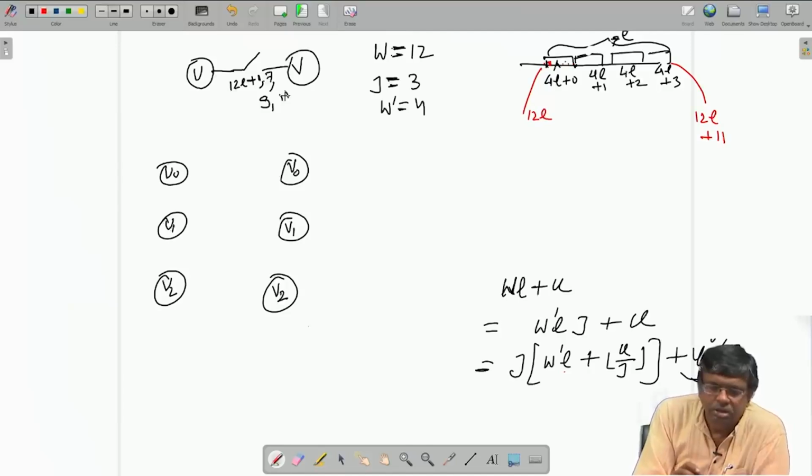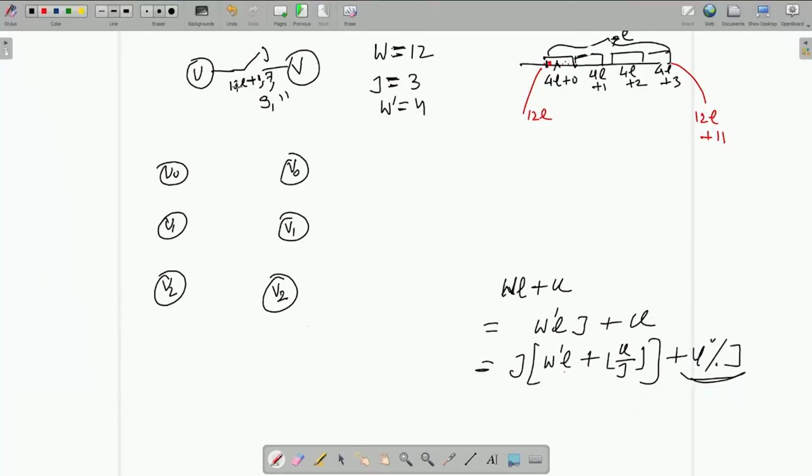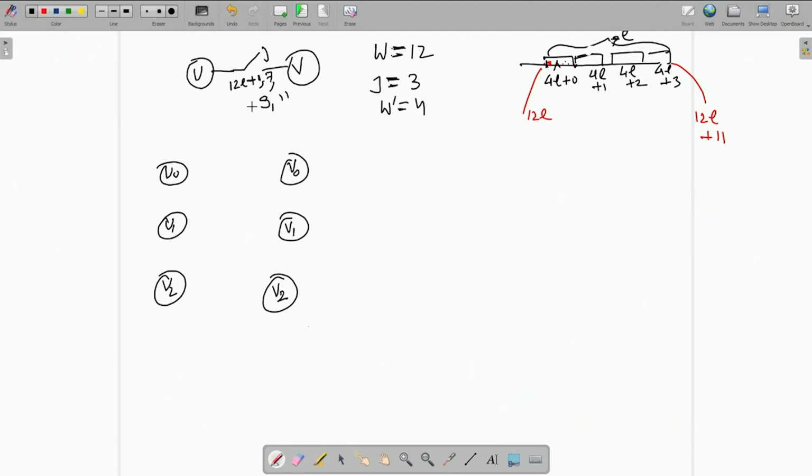At these points of time the switch closes, otherwise not. Earlier I considered only one point, WL plus u, where W is 12 here. So WL plus u, with u either 1 or 7 or 9 or 11. Whatever I did for one case, WL plus u, I have to do separately for u equal to 1, u equal to 7, u equal to 9, and u equal to 11. Okay. So start with 12L plus 1.